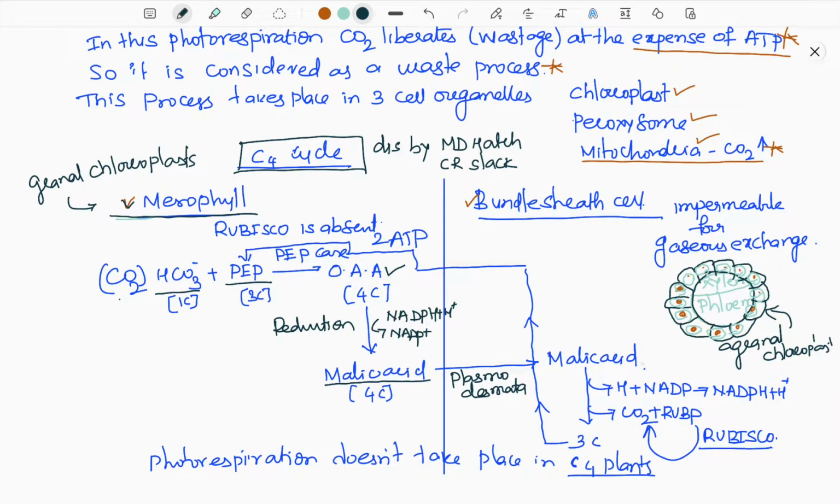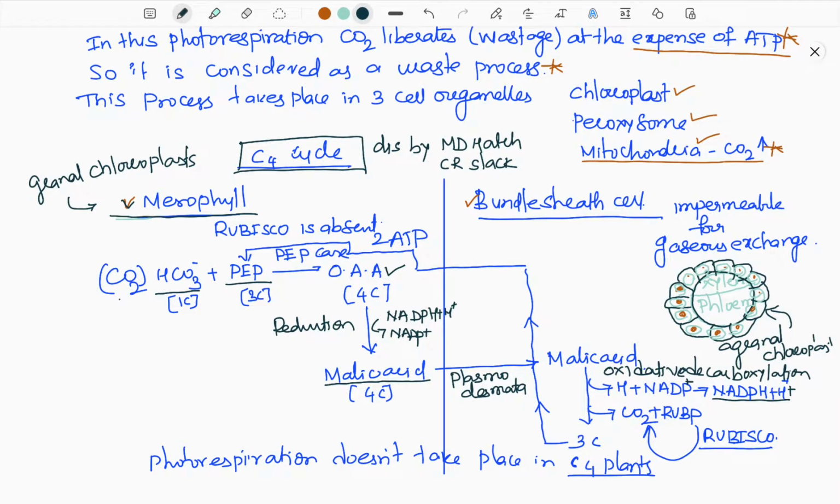And here malic acid undergoes oxidative decarboxylation. Oxidation means loss of hydrogen. Decarboxylation, loss of carbon dioxide. The hydrogen is accepted by NADP plus to convert to NADPH plus H plus.